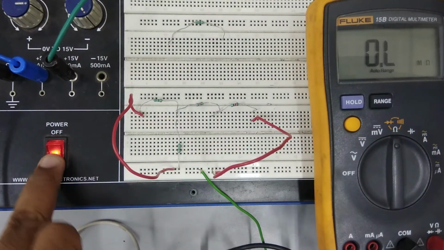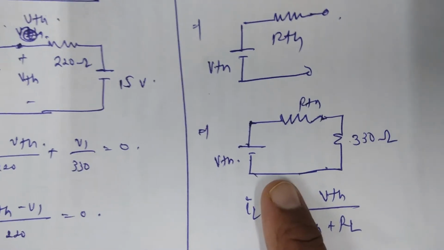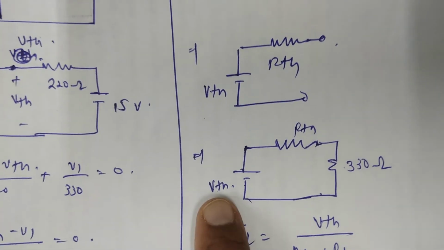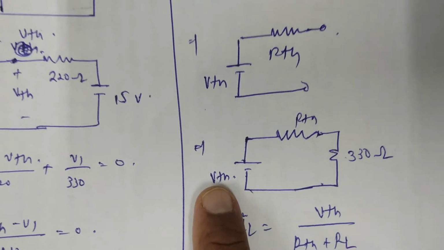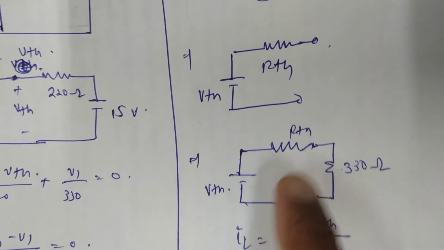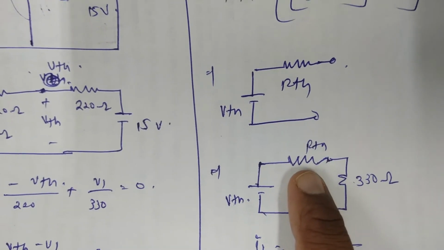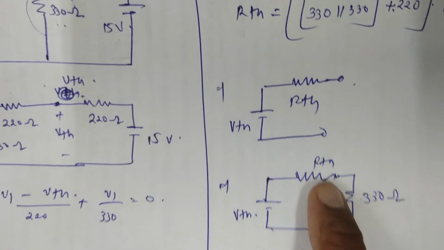Now the next step is to find IL. From the theoretical perspective, the procedure to find IL is to connect VTH and RTH. VTH we have got as 10 point something, but for RTH I have a different value which I don't have here.